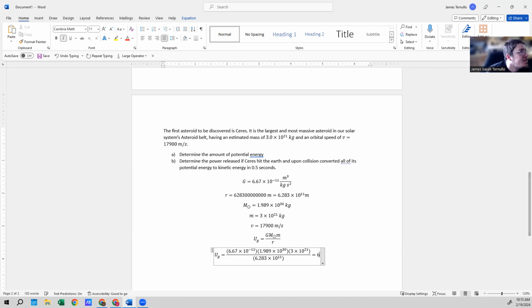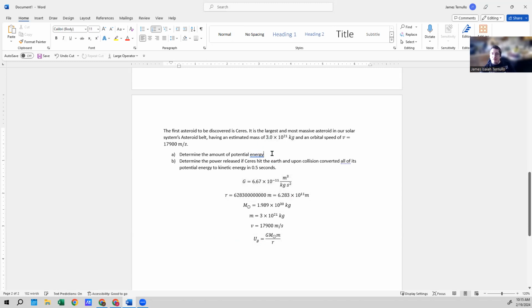This gives me a potential energy of 6.3345 times 10 to the 29 joules. Okay, so this is immediately our answer to part A. I can be thorough, and let's just put this under here.